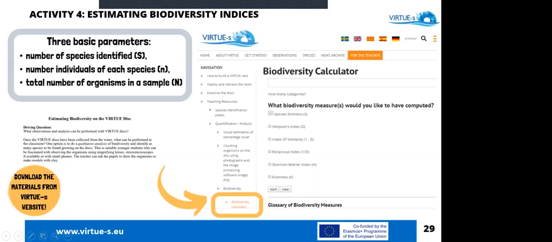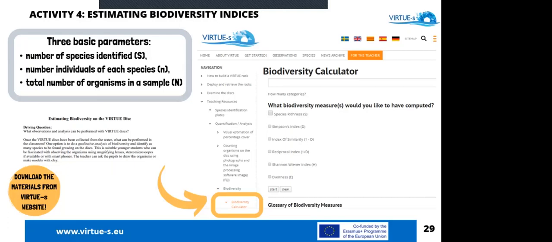Even though we encourage students to do some math and calculate the indices by themselves, and in this material you have the formulas to do the calculation, we also provide a biodiversity calculator that computes biodiversity indices. In this case, the students just have to add the basic parameters and select which of the indices they want to calculate. But this biodiversity calculator can also be used to double check the results.